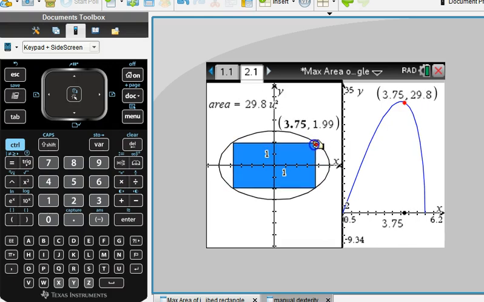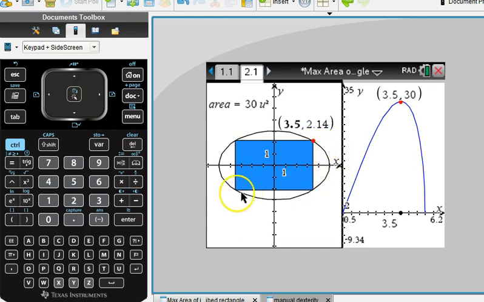I don't think I can, but anyway, 3.54, 2.12 is the point I'm looking for, and that gives me that maximum value of 30. So I can't quite get it there, but that's what we just did. We maximized this area at that point with these dimensions, and this graph shows us that maximum area.